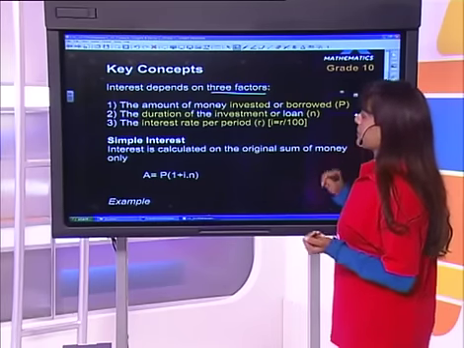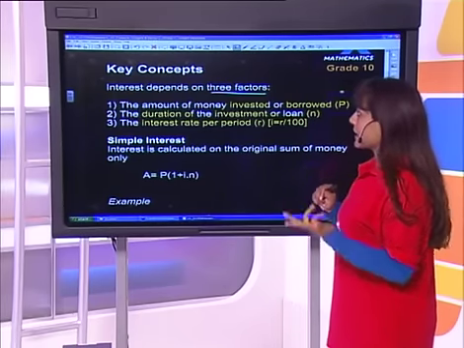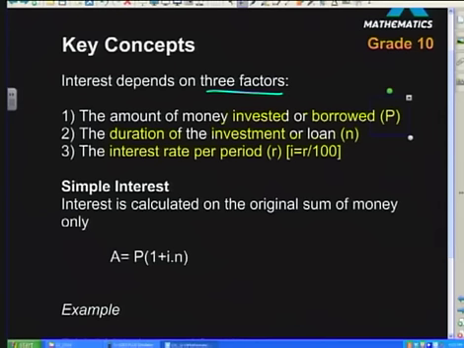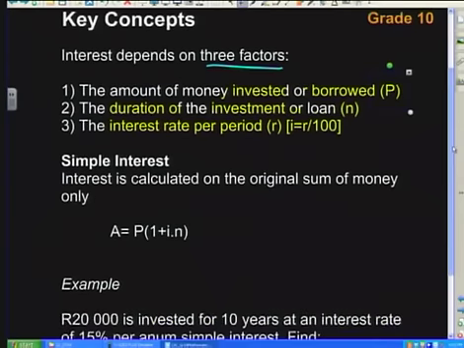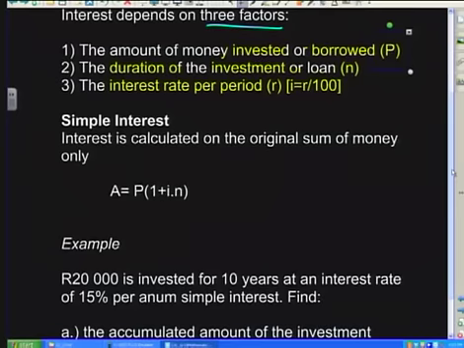Okay, so interest depends on 3 factors, P, N, and I. So we're talking about the initial amount, the duration, and then the interest rate per period. And the best way to put all of these things into practice is to do an example. Okay, so we're going to look at lots of examples as we go on through the show, but we're first going to look at simple interest.